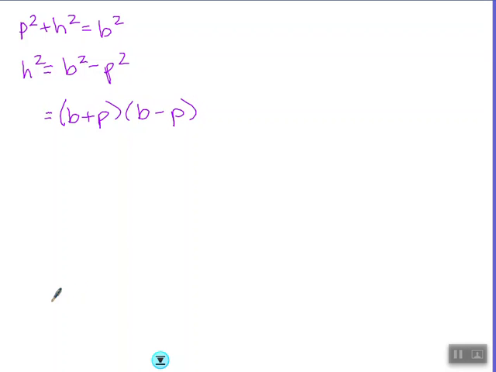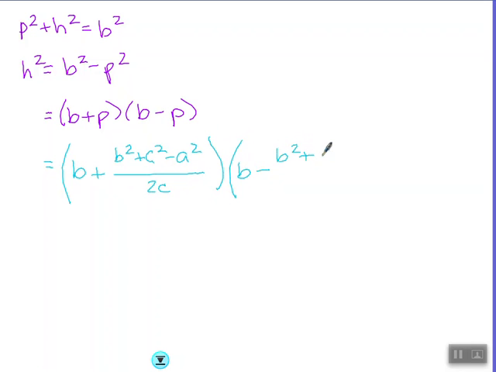Now I'm going to do my substitution. So I have b plus, and our fraction for p was b squared plus c squared minus a squared over 2c, and b minus our fraction for p.